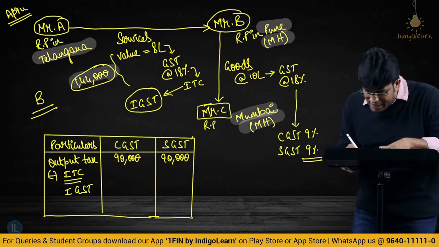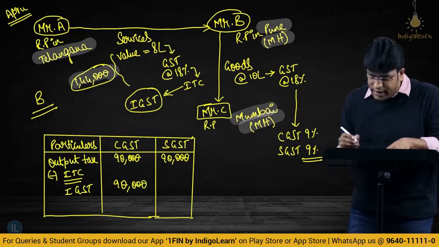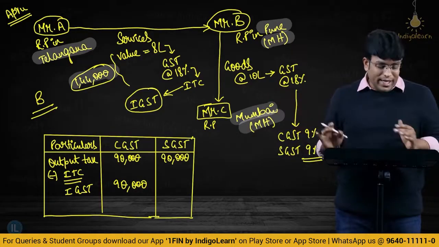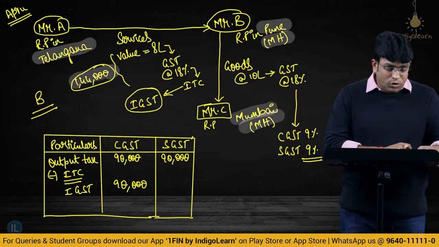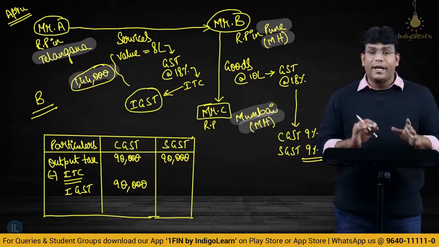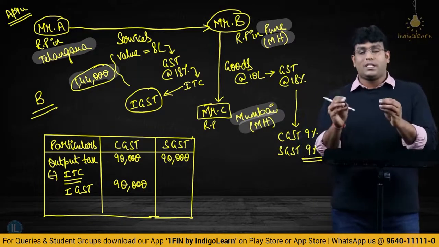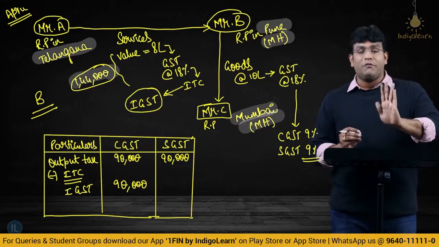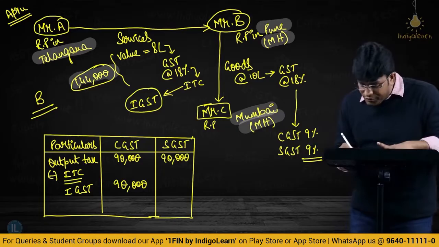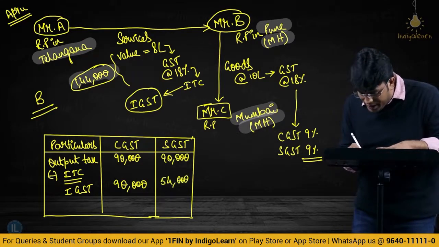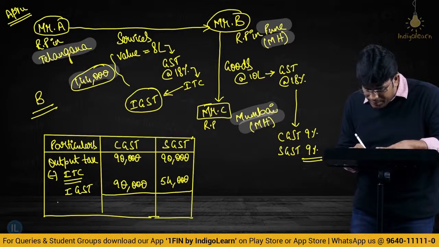So out of this 1,44,000, I will use 90,000 towards CGST. So tell me friends now, out of 1,44,000, what has been used? 90,000 has been used. So what is the difference, 1,44,000 minus 90,000? 54,000. That 54,000 I will use towards SGST.